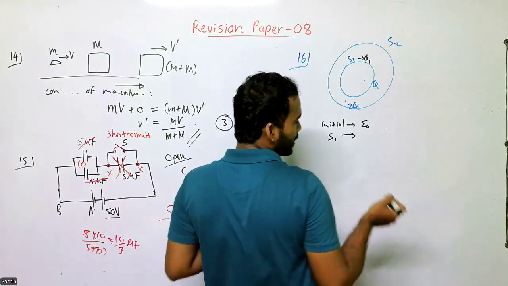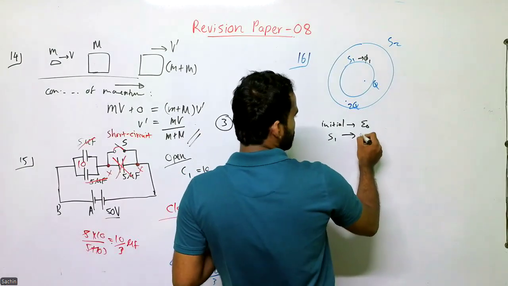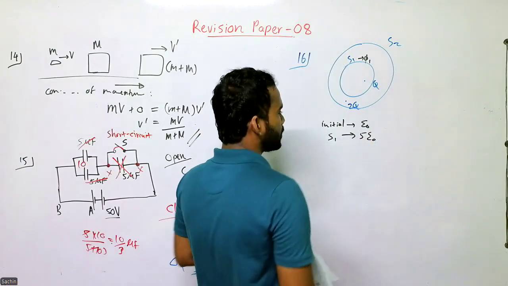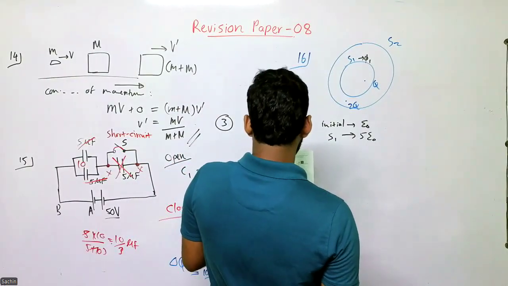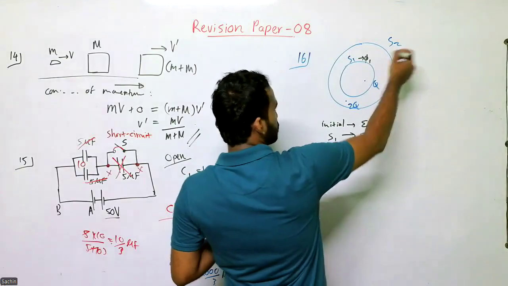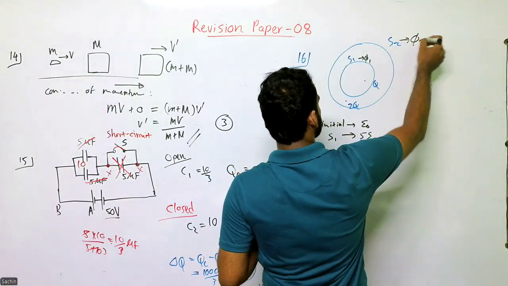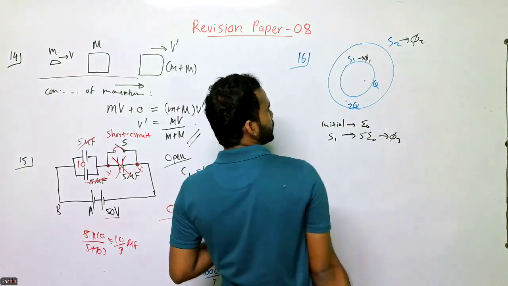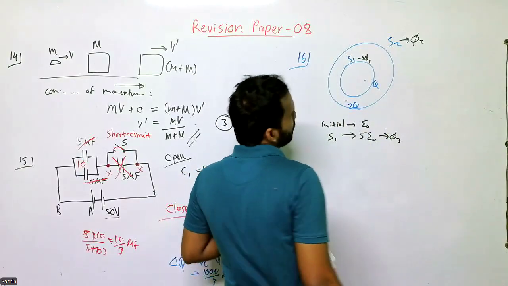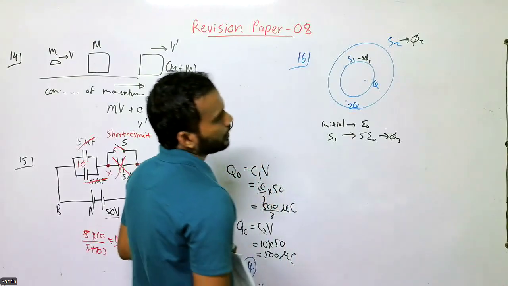Permittivity constant 5 means that is the relative permittivity, that is 5 times the free space permittivity. So initially it was phi1, this was phi2. After placing this, the new one is phi3. Simply you can tell the values for phi1, phi2 and phi3.